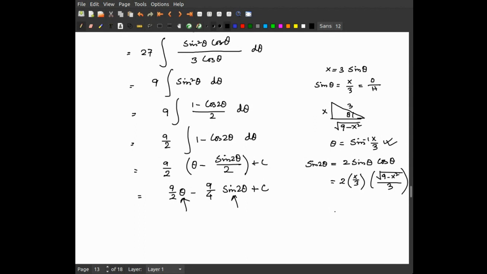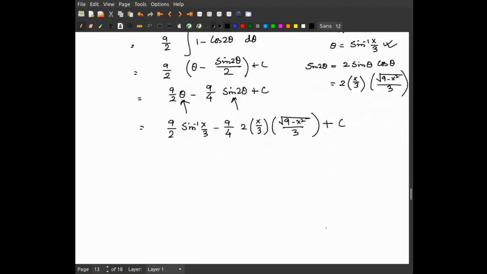And if I write it in here, what do I get? We get 9 over 2. Instead of theta, it is sine inverse x over 3, minus 9 over 4. Instead of sine 2 theta, we have 2 times x over 3 and square root of 9 minus x square over 3, plus c. But do not stop here because you can see lots of things are getting cancelled.